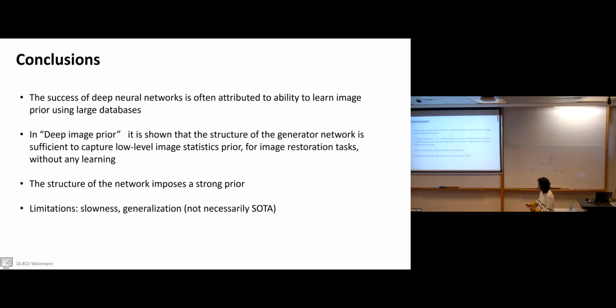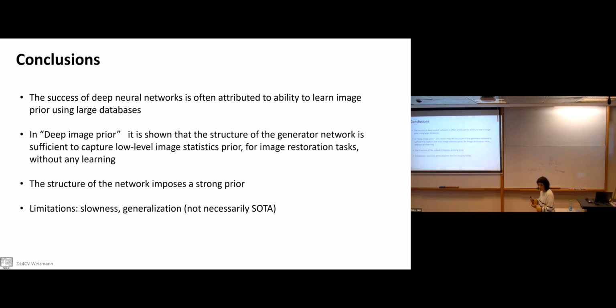So just to conclude the deep image prior: the success of supervised approaches is attributed to learning the prior from large databases. In deep image prior, it was shown that the structure of the neural network can encode the signal of the image, and it's useful for image restoration tasks. The structure of the network imposes a strong prior.